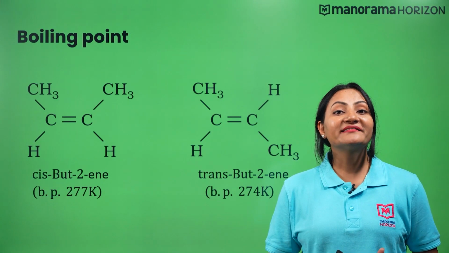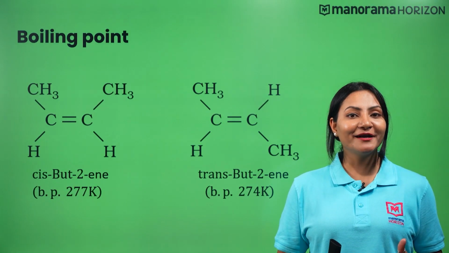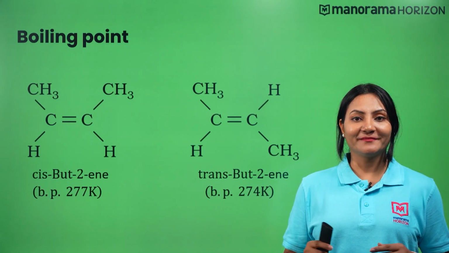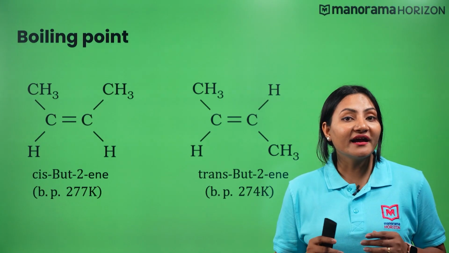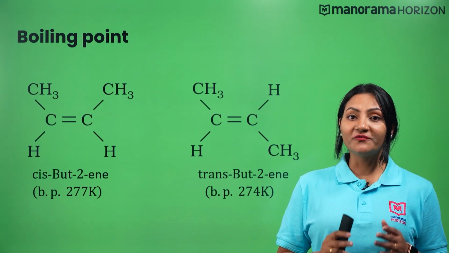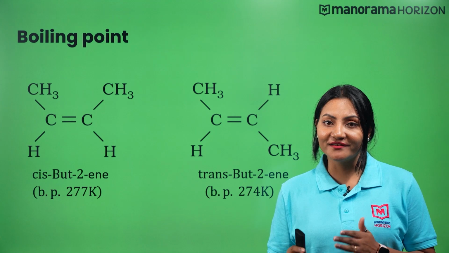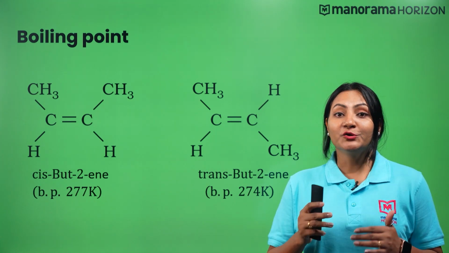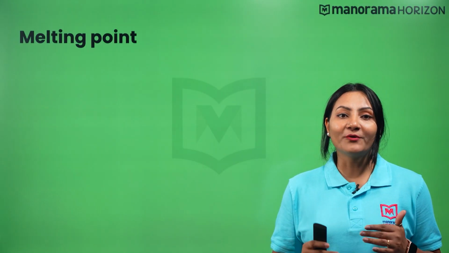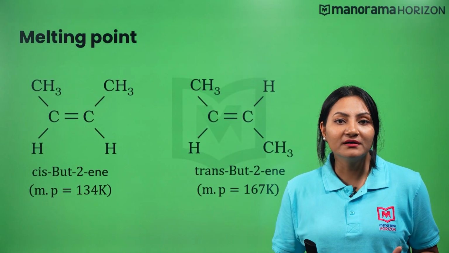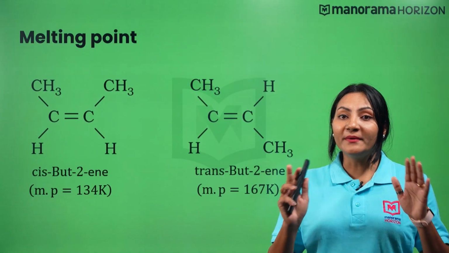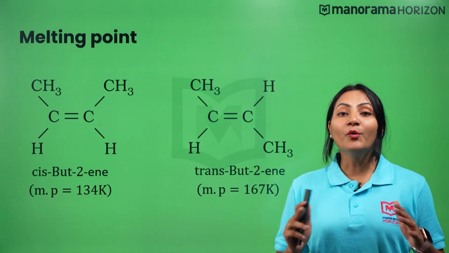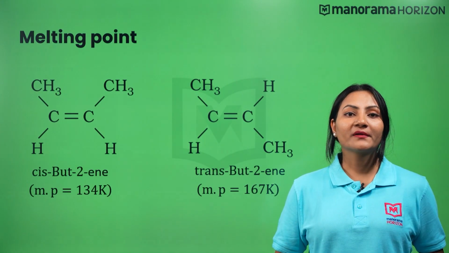Next, the boiling point of the cis isomer is slightly higher than that of the trans isomer, because in the cis isomer the magnitude of dipole-dipole interaction is higher, whereas the trans isomer usually has a higher melting point than the cis isomer on account of its symmetrical structure and more compact packing.